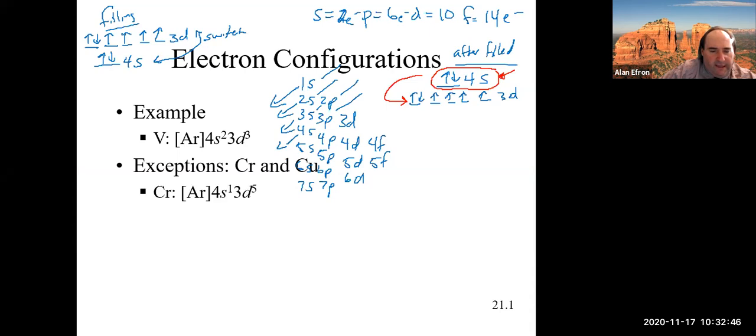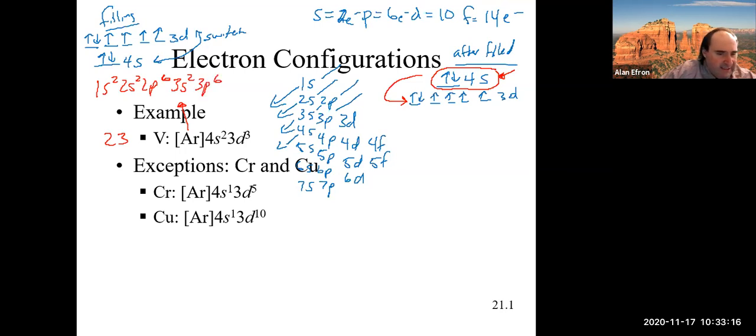So if we look at a couple of things, there are some exceptions. But our normal electron configuration, this is noble gas configuration. So V is 23. Argon is in brackets like that, which means argon's electron configuration, which is basically 1s2, 2s2, 2p6, 3s2, 3p6.